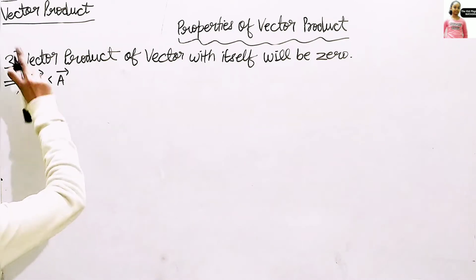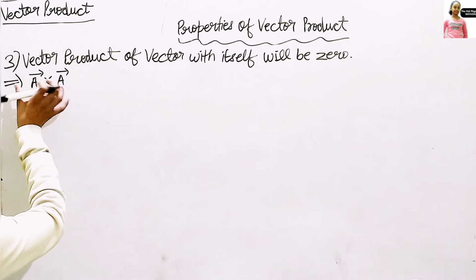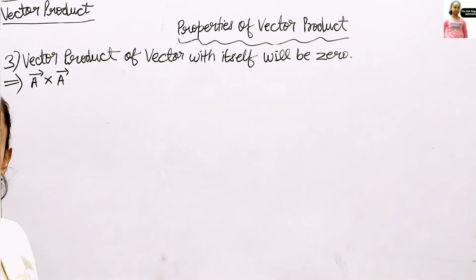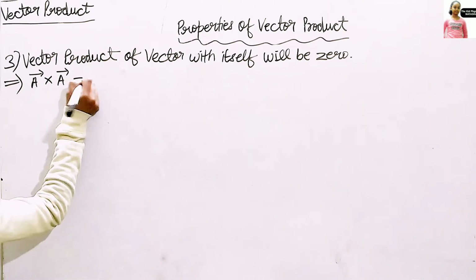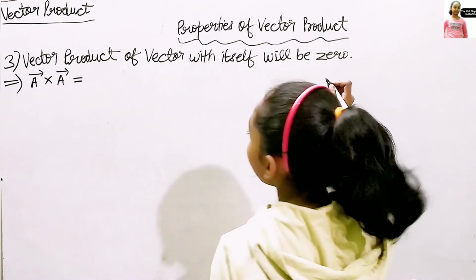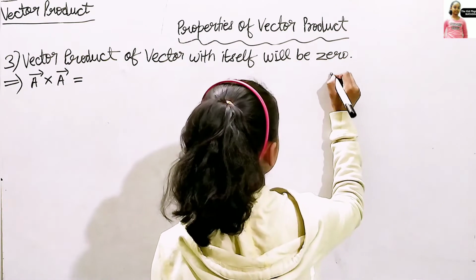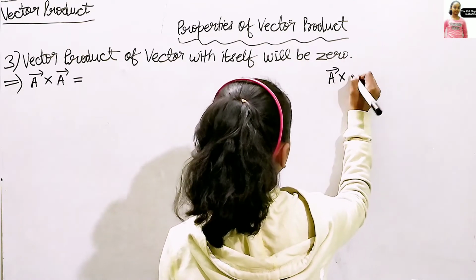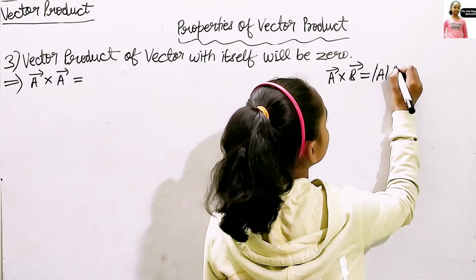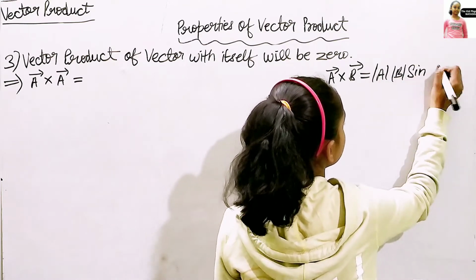Means vector product of a vector with itself will be 0. Let's see how. So what was the formula for the cross product of two vectors? It was mod A, mod B, sine theta.